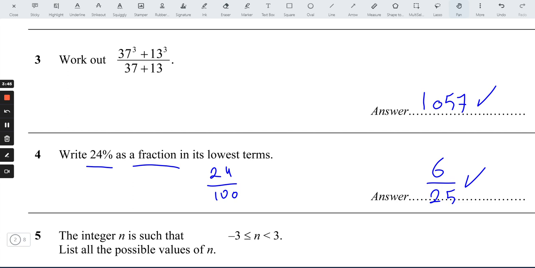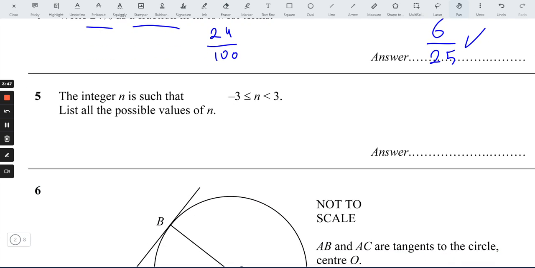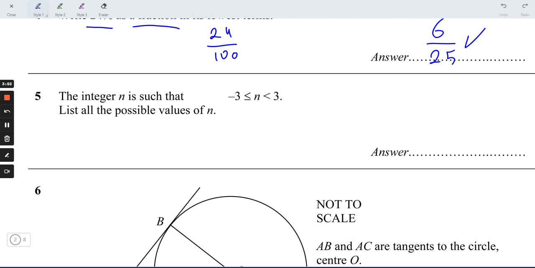Next question here, question number 5. The integer n is such that n is greater than or equal to minus 3 and less than 3. List all the possible values of n. All values of n should be integers, with no decimal, no fraction. Starting from left to right, we have equal, so you should write minus 3, then minus 2, then minus 1, 0, 1, and 2.